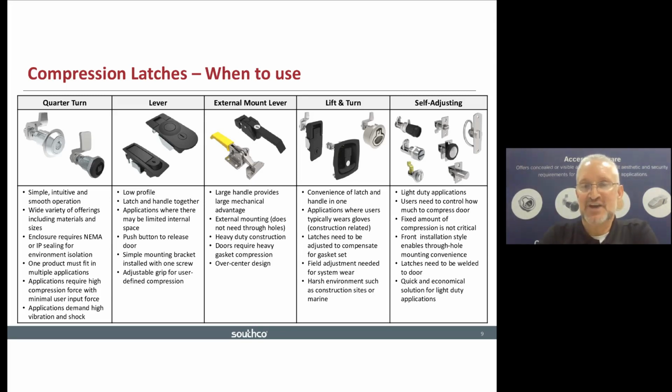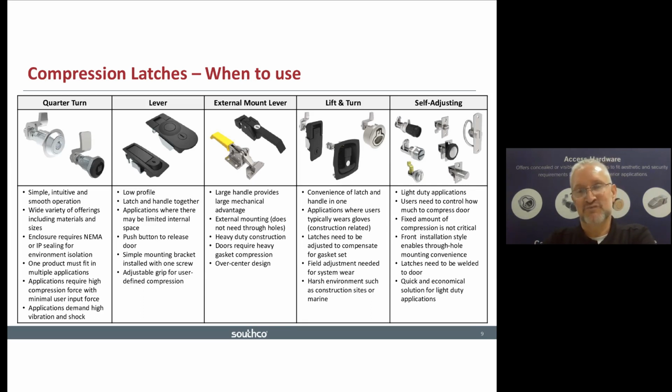Now, the fourth category of compression latches is called lift and turn. And like the name implies, the actuation of these is you lift the handle, which releases the shaft below and drops the cam below the keeper to release compression, and then you turn the handle 90 degrees to rotate that cam out of the way and release the door. Like the previous lever latches, lift and turn also contain a latch and handle in one application.